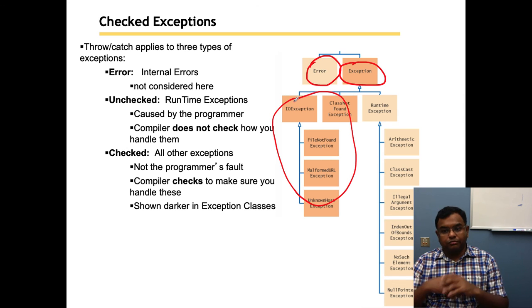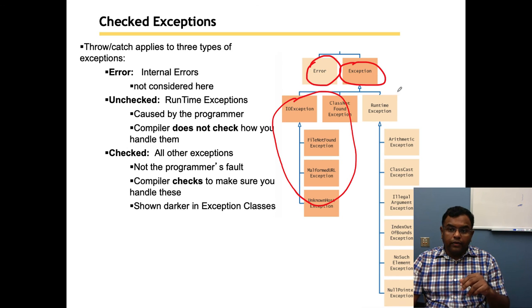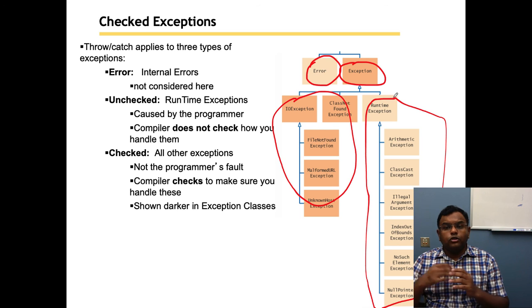So that's how it is done. However, runtime exceptions are not checked. Those exceptions can happen at runtime. It's good practice to know what kind of runtime exception can happen with your code, and also take care of those exceptions as well.